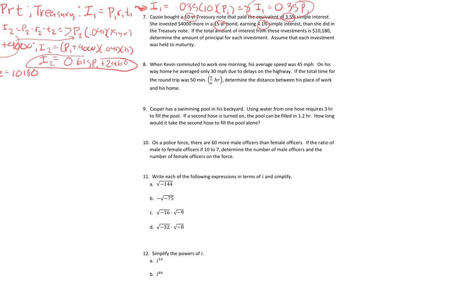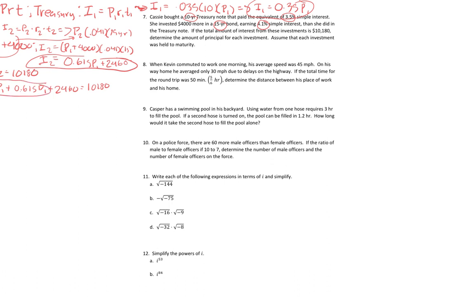So then we can just combine that, right? So then we can have our I1 is 0.35 P1 plus 0.615 P1 plus 2460 is going to be equal to 10,180. So then we can combine our P terms.